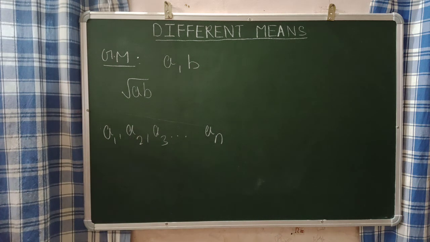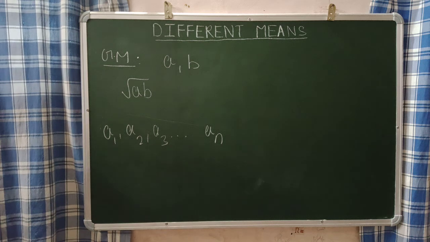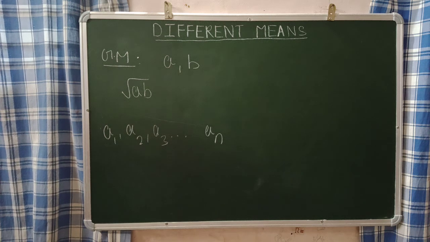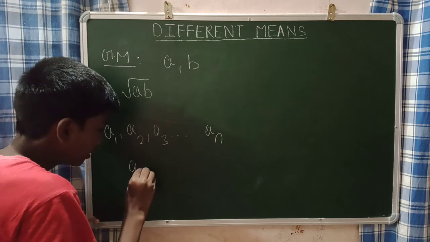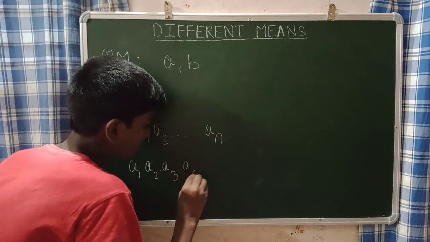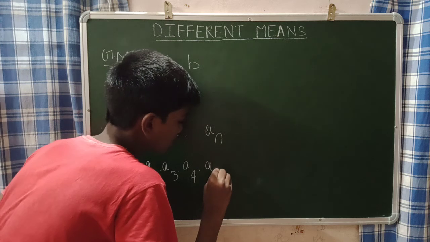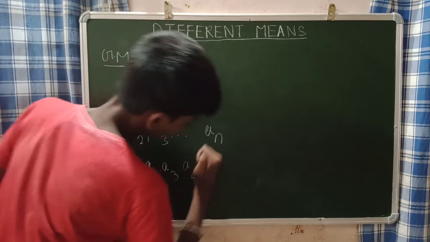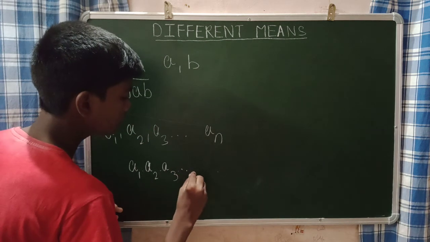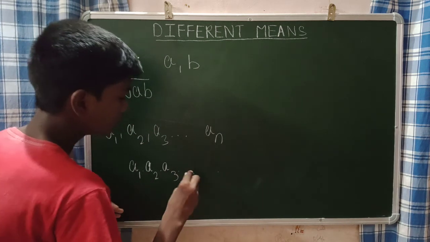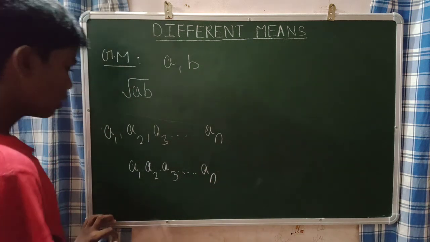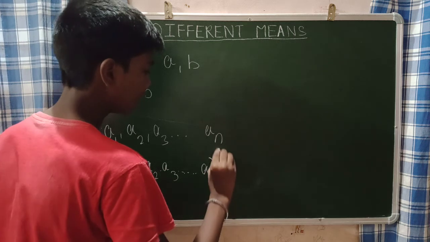If all the elements are positive, then I would say that the geometric mean of these n positive numbers will be nothing but A1 into A2 into A3 all the way up to AN, multiply all the way up to AN, then whole power 1 by n.